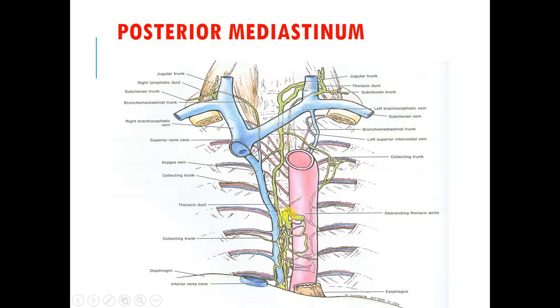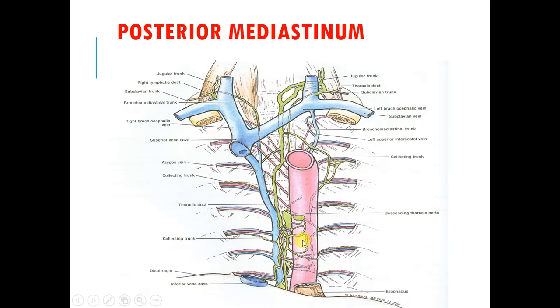It is ascending on the right side of the aorta and left of the azygous vein, ascending upward, crossing towards the left side and then entering into the brachiocephalic vein. On the right side will be the right lymphatic duct.